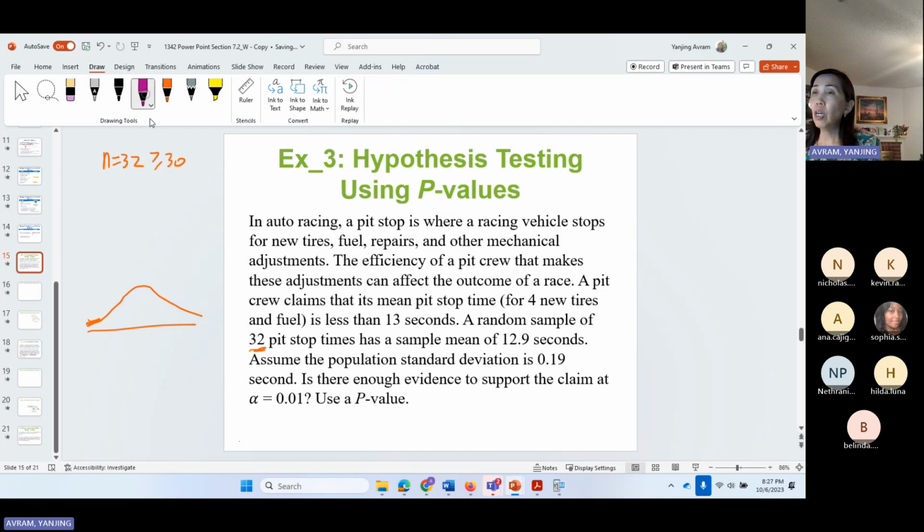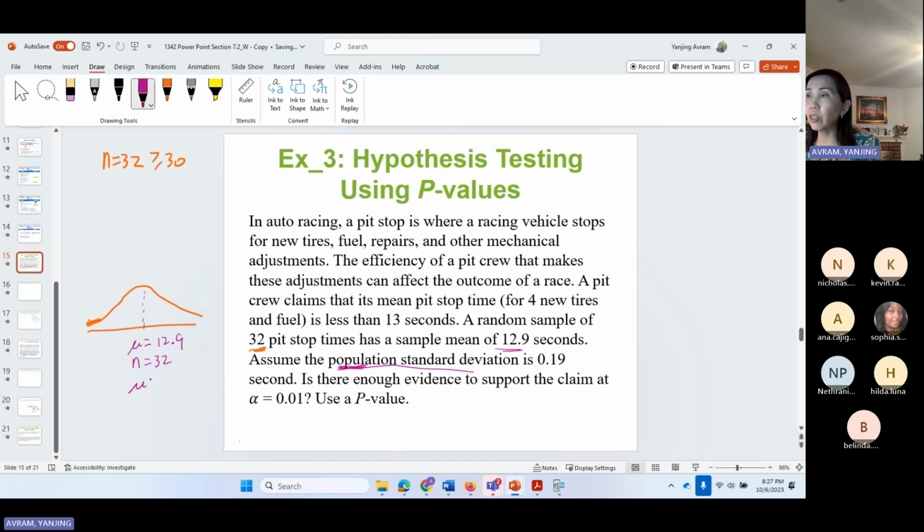So let's see what the mean is. The mean here is 12.9 seconds, and n here is 32. This tells you the population standard deviation.